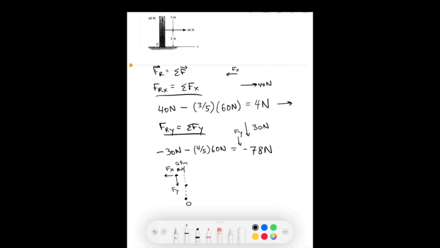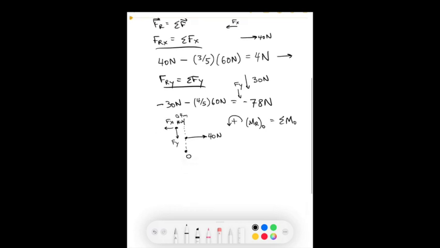And the other force that we have to consider is this force, which goes in the negative, goes to 40 newtons. So we're going to call counterclockwise positive, and we're looking for the resultant moment, which is equal to the sum of all moments about the point O. So we have 3 to add up.